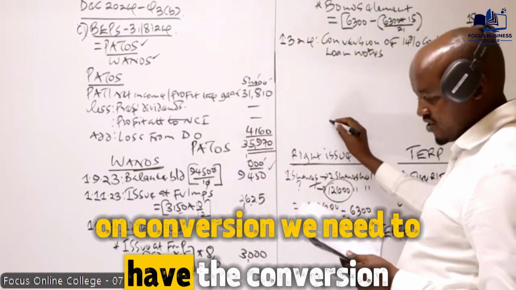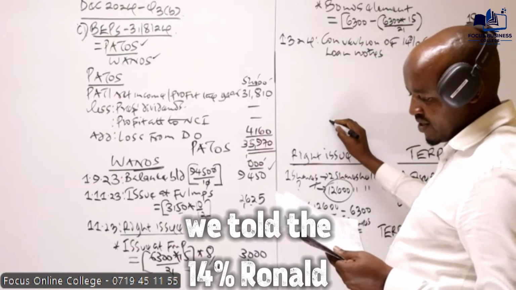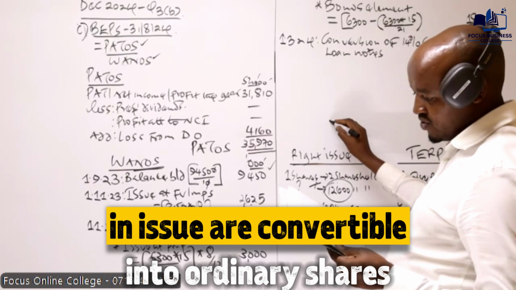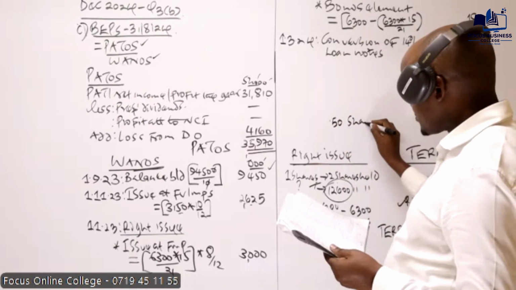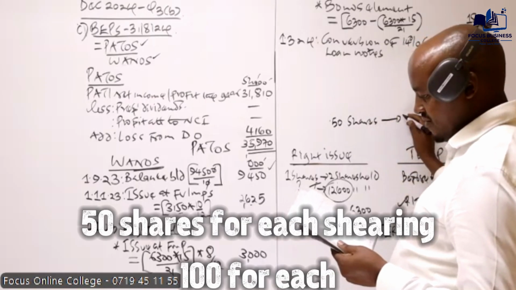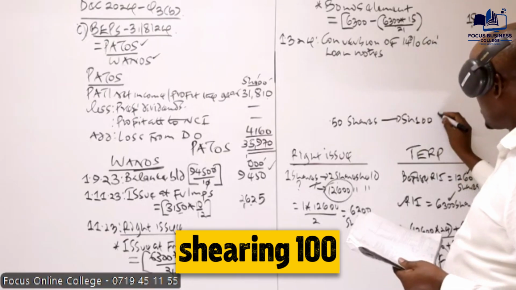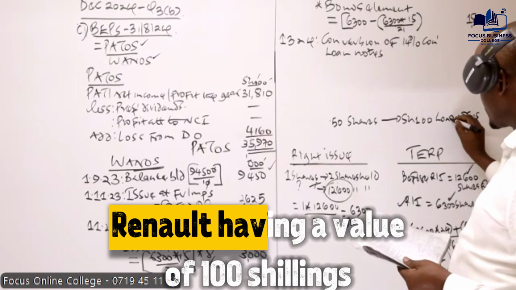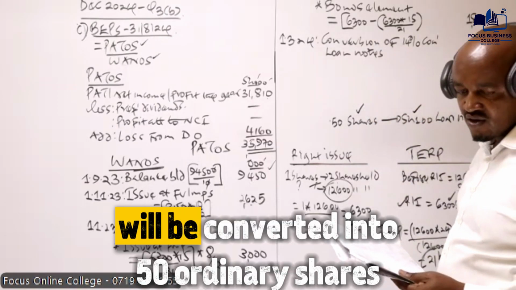We need the conversion rates, which we have in the first sentence of point 4. We are told the 14% raw notes in issue are convertible into ordinary shares at the holder's option on the basis of 50 shares for each shillings 100 of the raw notes. So in other terms, raw notes having a value of 100 shillings will be converted into 50 ordinary shares.